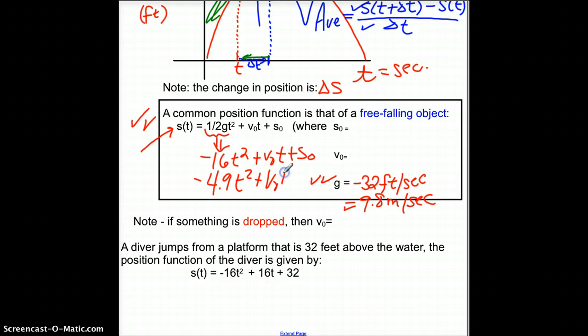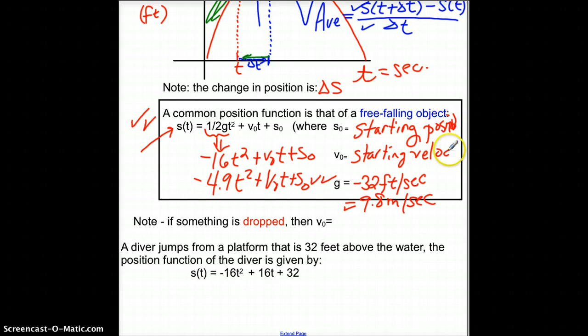So it's one of these two models, depending on whether you're working in customary feet or metric meters. And S sub 0 is what we call the starting position. All right, we just said S is the position model. S sub 0 means at time 0, that's our starting position. V sub 0 is our velocity at time 0, or our starting velocity.